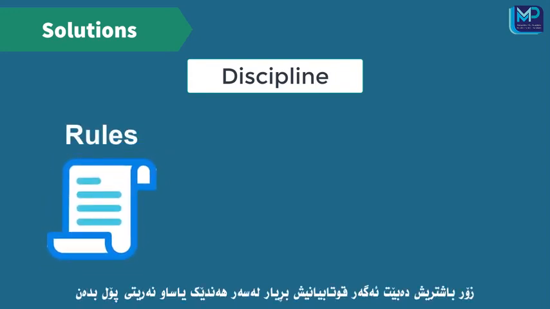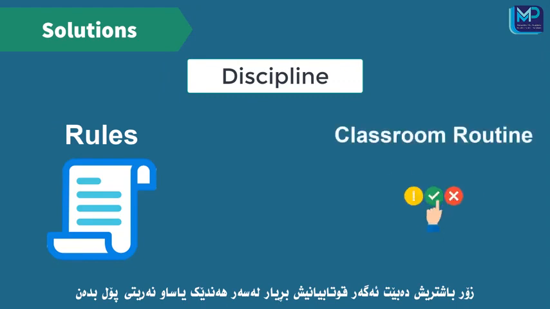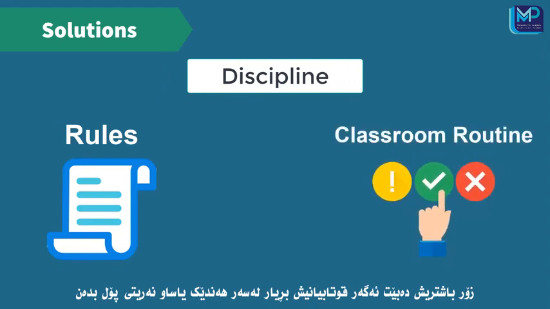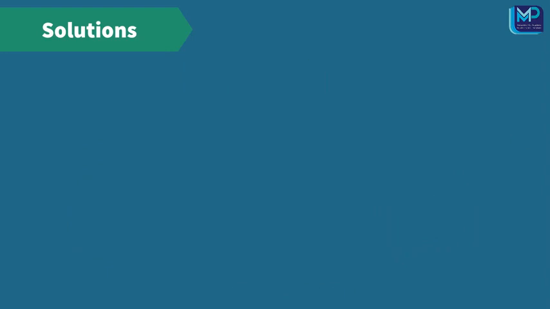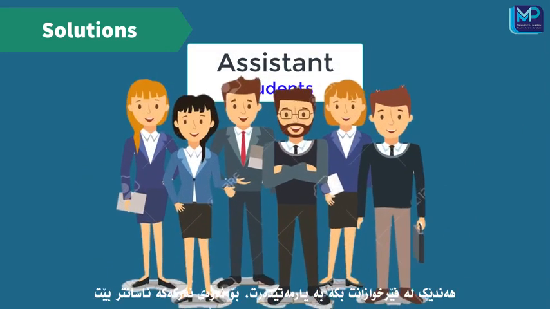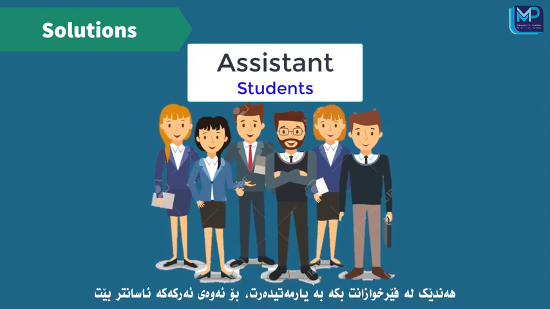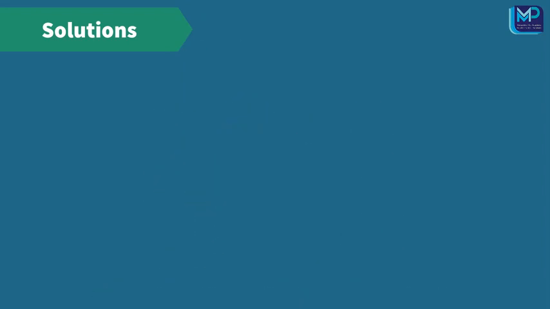It would be much better to have students themselves decide on some of the rules and classroom rituals or classroom routines. They are more likely to follow them then. Make some learners your class management assistants to ease the task.